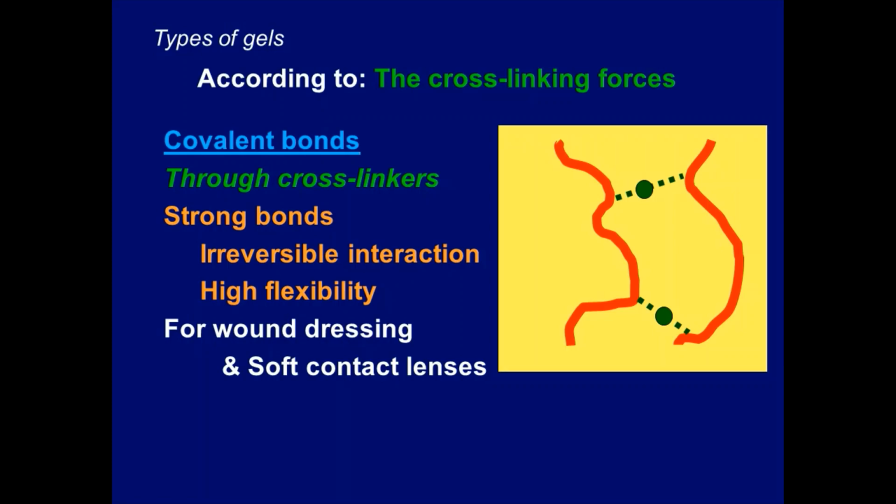In soft contact lenses, molecules of polymers are linked together with a strong bond, which is a covalent bond, so the gelling process is irreversible. If you have a soft contact lens and apply a shear on it, it will never become a liquid because here gelation is irreversible due to the formation of the strong covalent bonds.